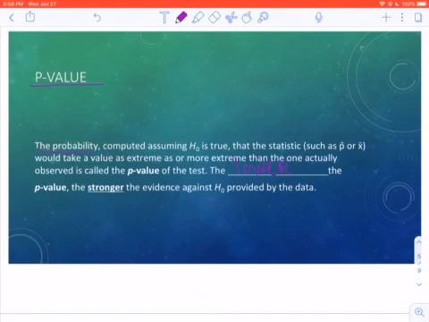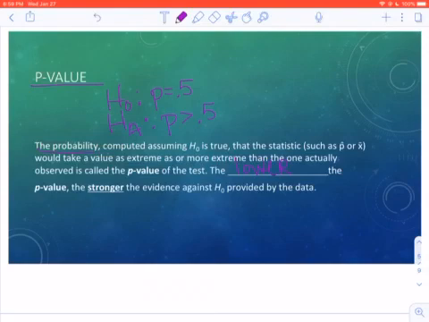For example, when we were talking about whether Joy can smell Parkinson's, we assumed that she couldn't. So our H naught was that the probability of her choosing correctly was just a 50-50 chance. The alternative hypothesis was that she could do better than 0.5, that she could actually smell Parkinson's.